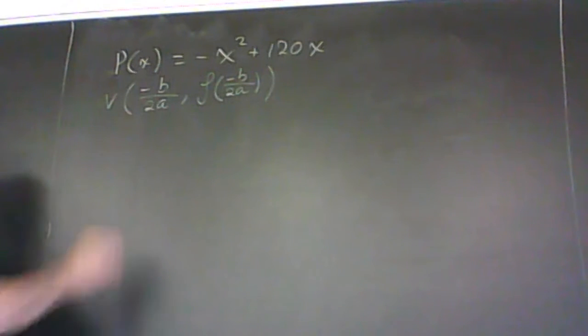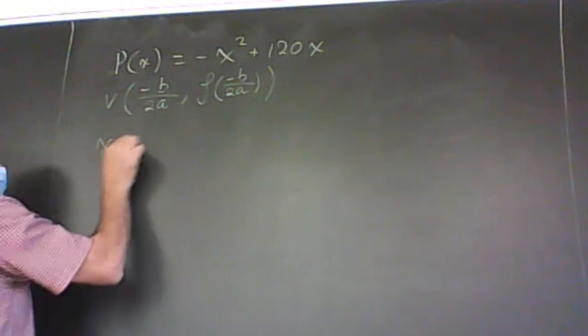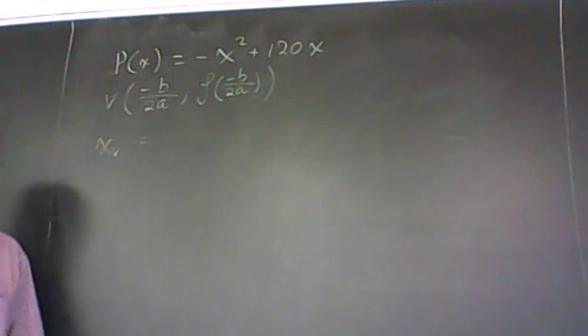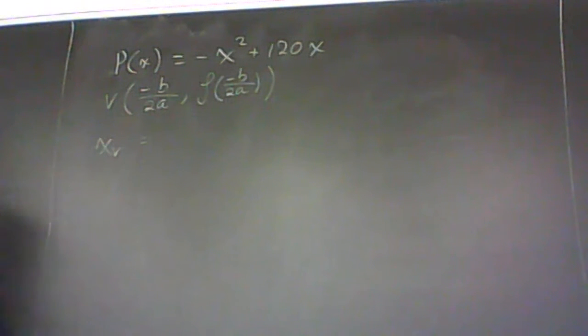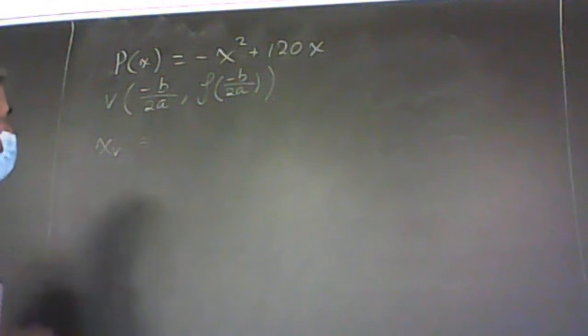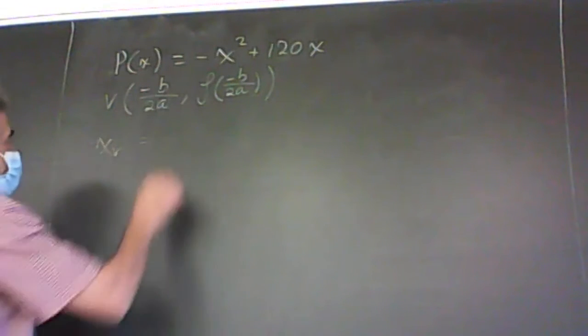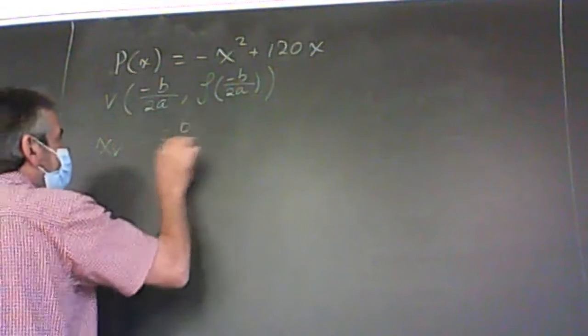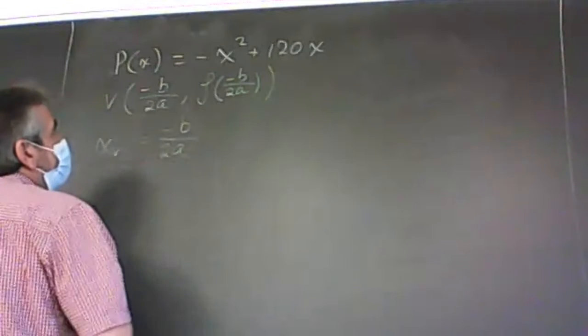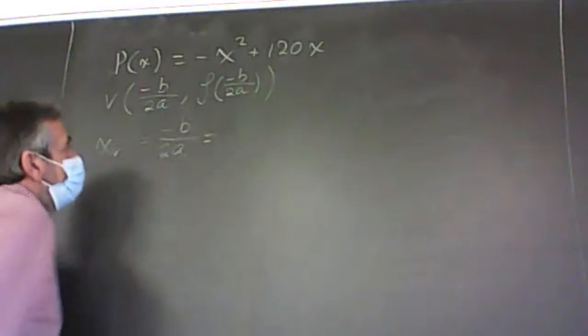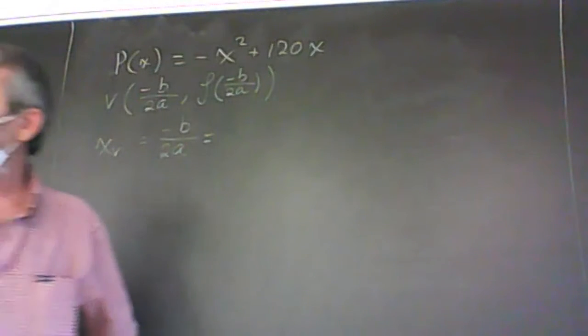So now let's figure out what's the x value of the vertex. The x value is minus b over 2a, and that is, what is b in this case?